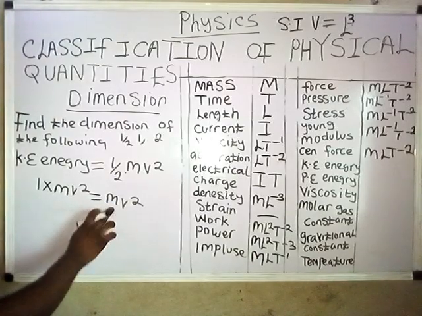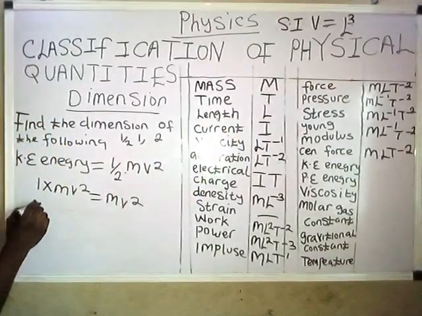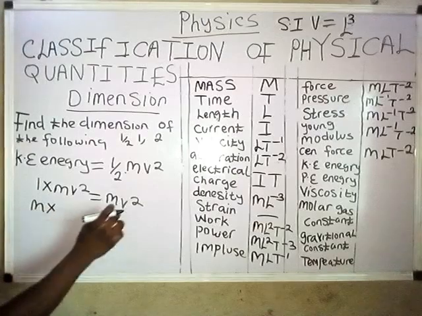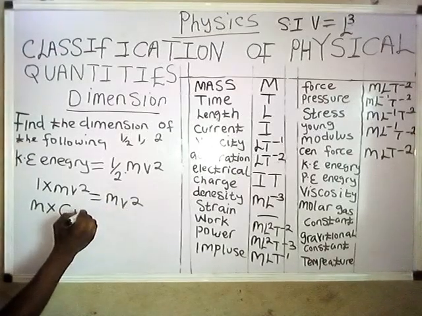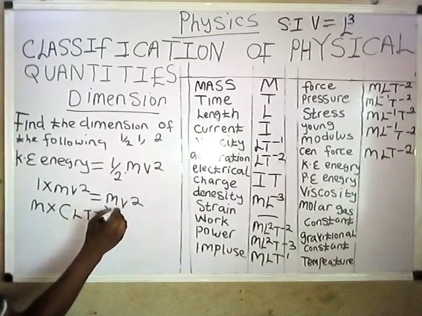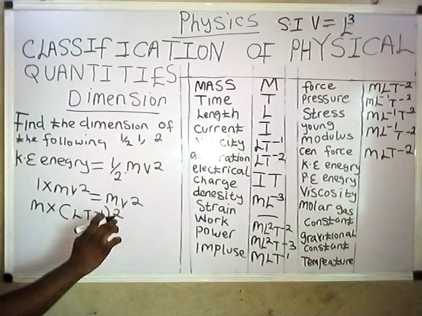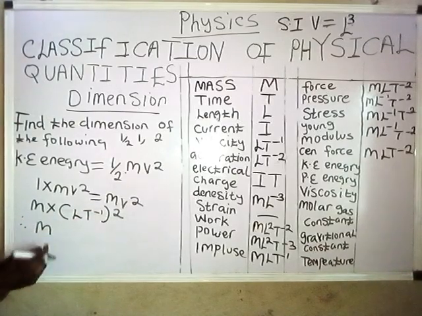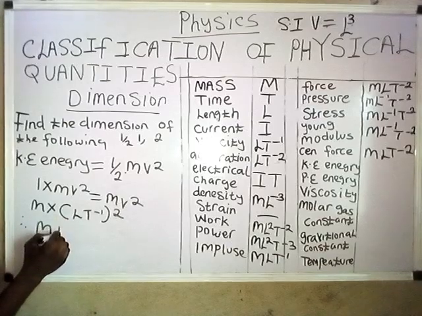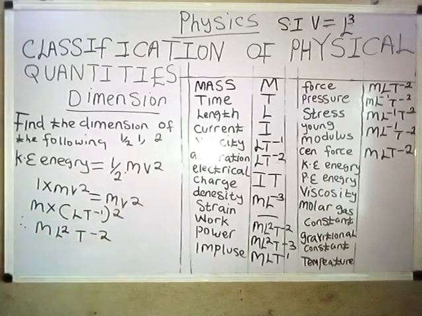The dimension for mass is m. So we can say that m times the dimension for velocity, let me put in the brackets, is L t to the power minus 1 all squared. Opening the brackets with the 2 here, it will be m, then L to the power 2 and t to the power minus 2.